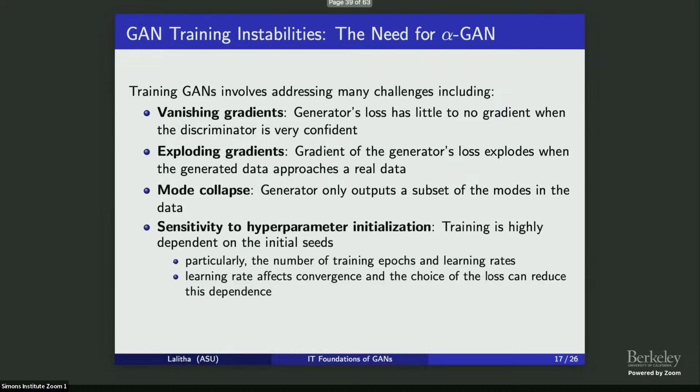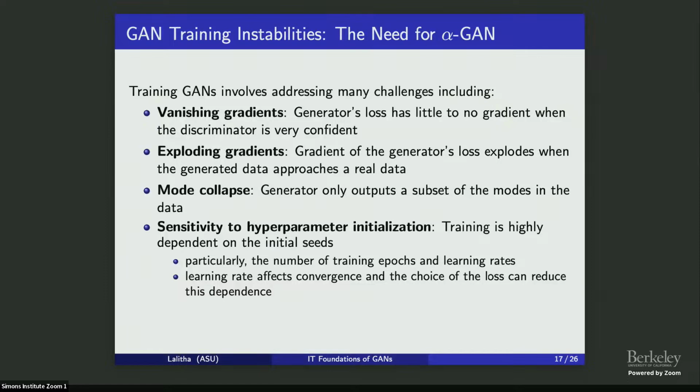And a problem that's not talked about too much, but is quite serious, is that as with all neural networks, hyperparameter initialization matters a lot. How many epochs should you train it for? In fact, it's been observed for vanilla GANs that the longer you train, you can learn the distribution and then just fly away from the distribution. You get completely unstable at some point.